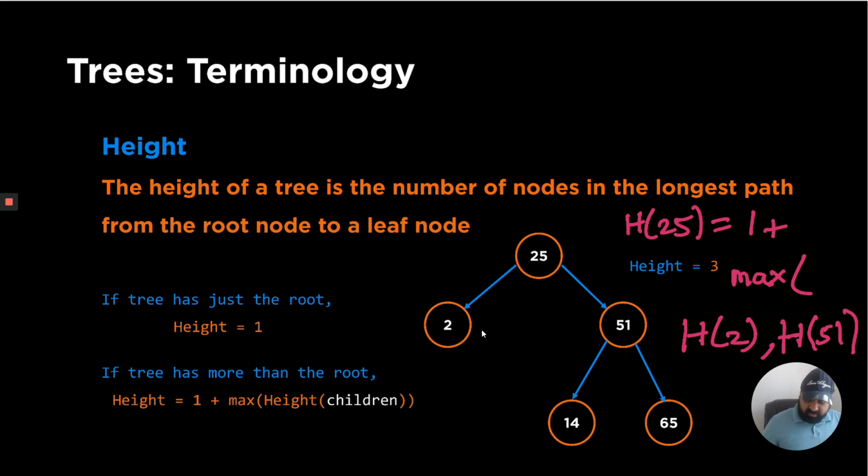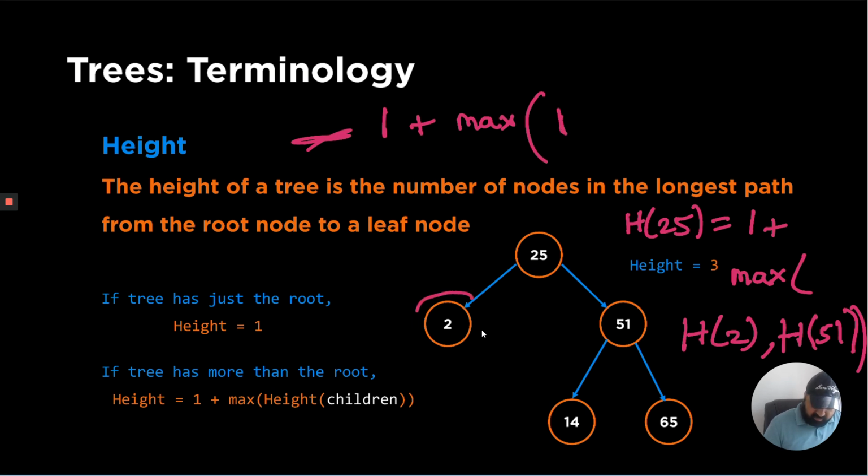I'm running out of space, so I'll just write it here. So this can be further simplified to 1 plus max. Now height of 2 is basically 1 because it's the root element when we are just considering this position.